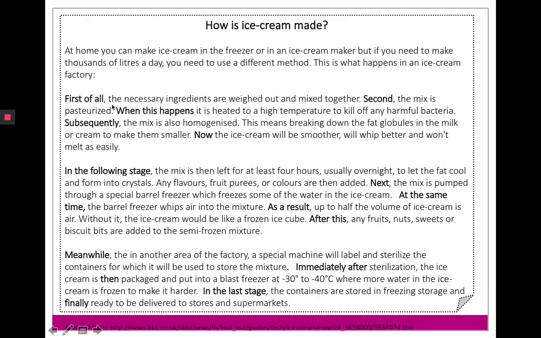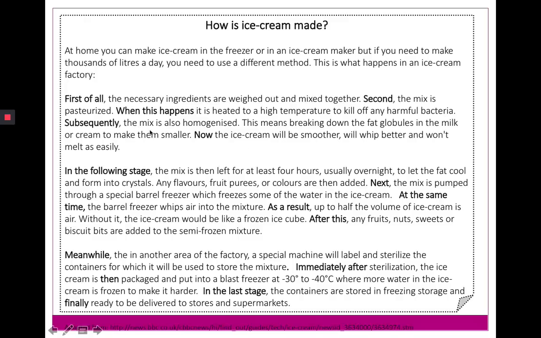First of all, the necessary ingredients are weighed out and mixed together. Second, the mix is pasteurized. When this happens, it is heated to a high temperature to kill off any harmful bacteria.